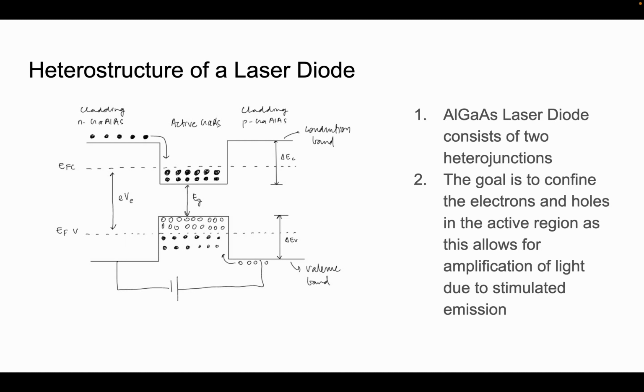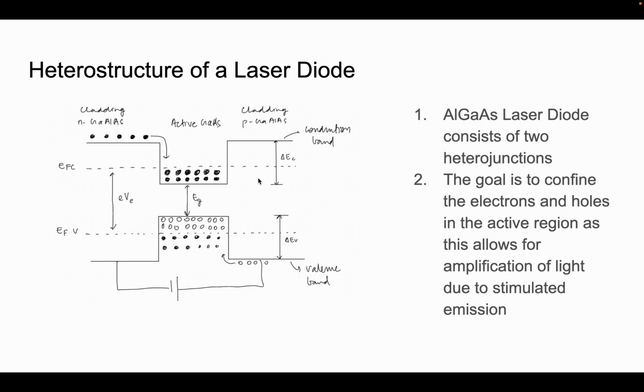So next, looking at the heterostructure of a laser diode. So here we are looking at an aluminum gallium arsenide laser diode, and it has two heterojunctions. As you can see, the bandgap levels for the active material, which is gallium arsenide in the middle, is different than the two cladding layers surrounding it.